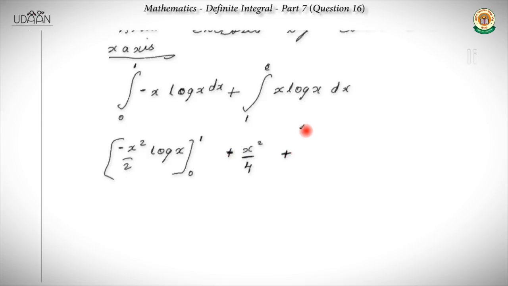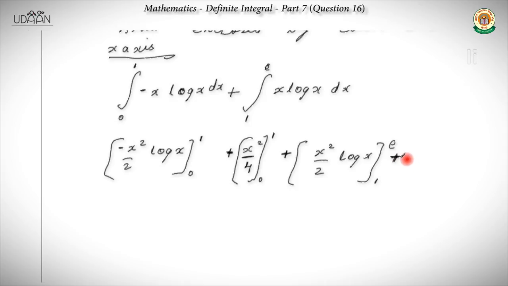Now evaluating the second part, x log x would be x square by 2 log x from 1 to e, plus, in this case, minus x square by 4, from 1 to e.